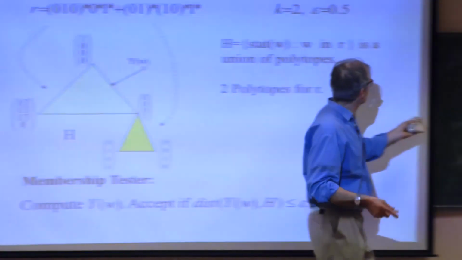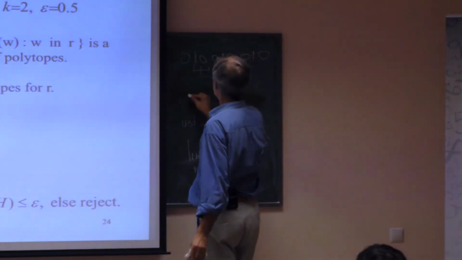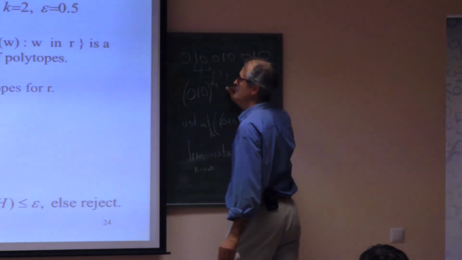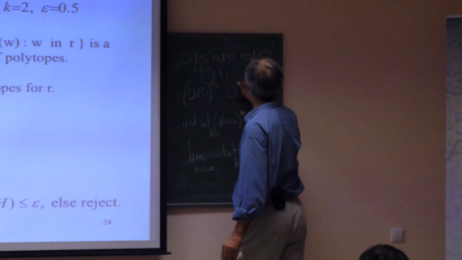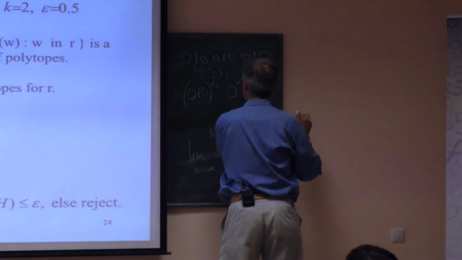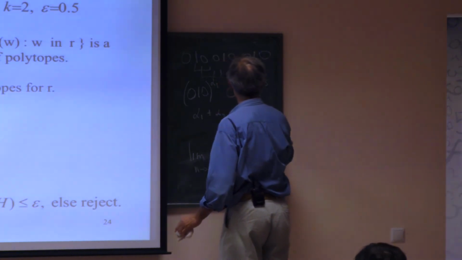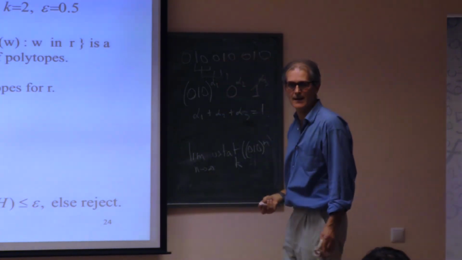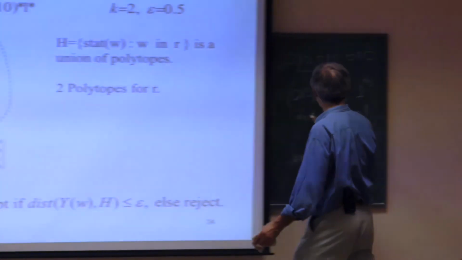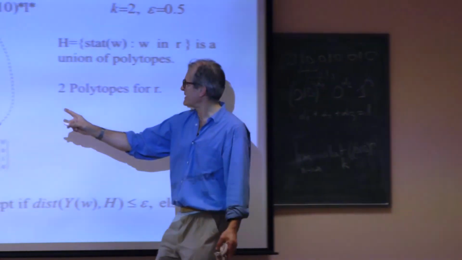So you can write the word for this regular expression as, say, 0, 1, 0 to some alpha 1, 0 to some alpha 2, and then 1 to some alpha 3, where you have alpha 1 plus alpha 2 plus alpha 3 equals 1. So for example, if alpha 1 is 1/3, alpha 2 is 1/3, alpha 3 is 1/3, then you will be exactly in the middle.